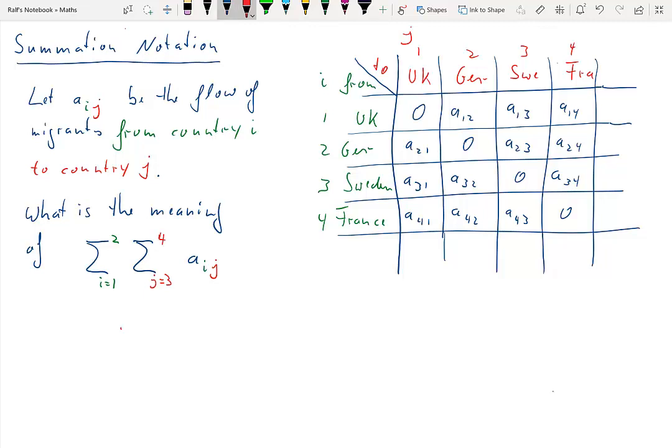So what's the meaning? Let's firstly try and identify what values in the table we are now interested in. So we are interested in rows 1 and 2. Let me just highlight where they are. So rows 1 and 2 are here, and columns 3 and 4.